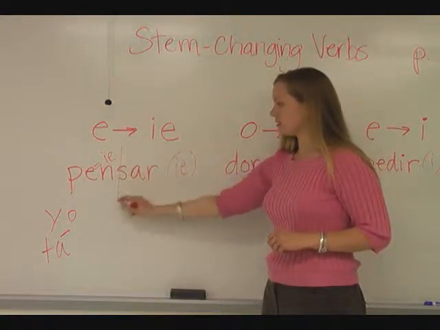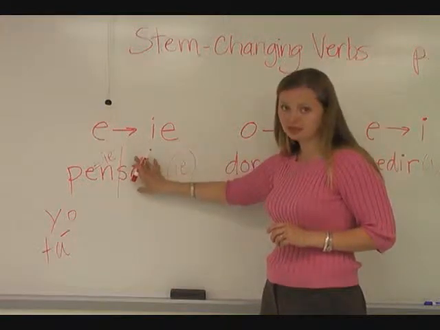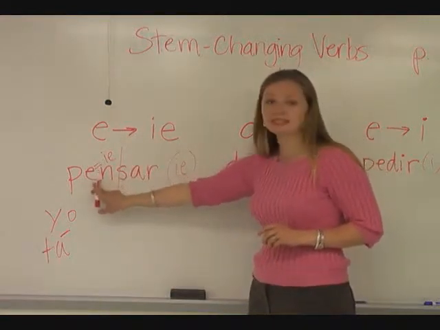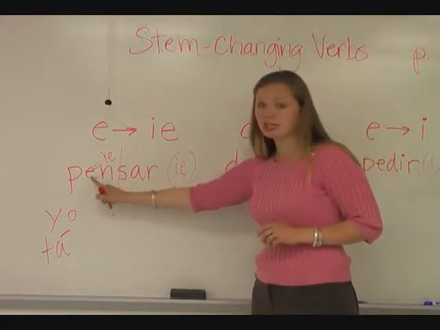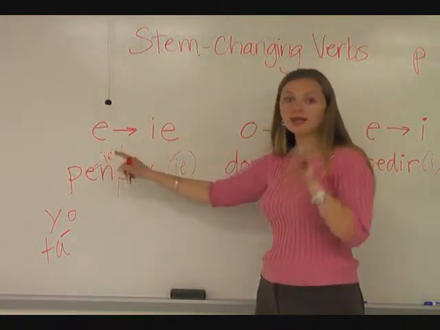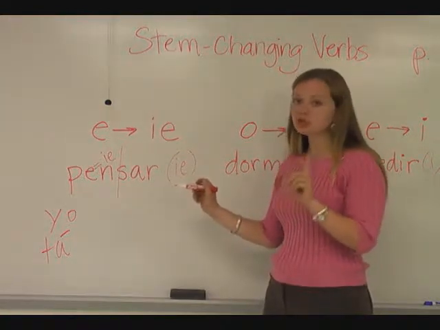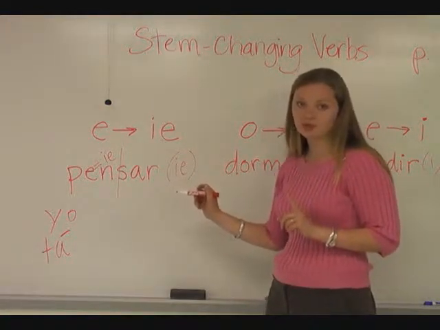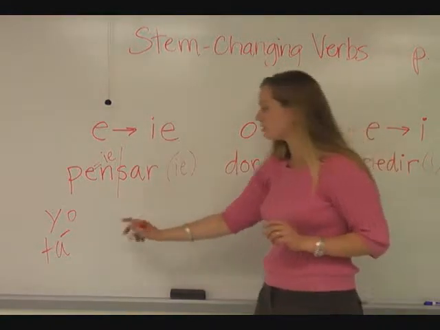Pensar. This is our second to last syllable. This is our last syllable. This is the one we're going to drop. This is the second to last, or the penúltima sílaba, and it's going to change E to IE in all forms except nosotros. Nunca se cambia el raíz en la forma nosotros. Only the other forms or subject pronouns.